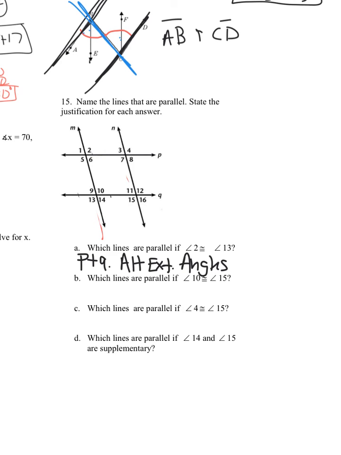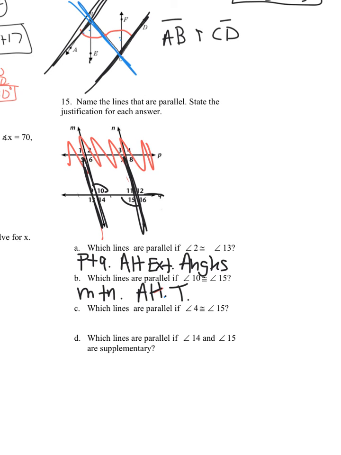Which lines are parallel for 10 and 15? Being congruent. So 10, 15. Ignore that. That's alternate interior. So these are the two lines now. So they're both inside, opposite sides. So the two lines parallel are M and N. And that's alternate interior.